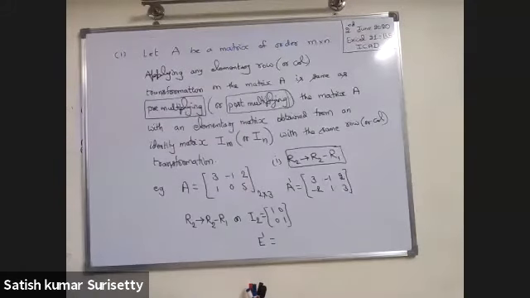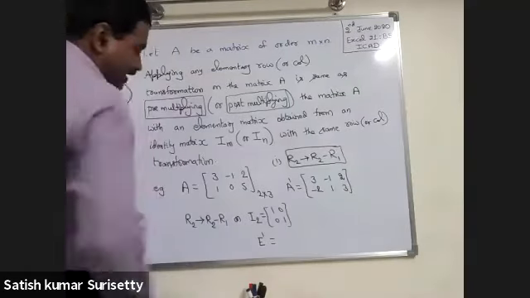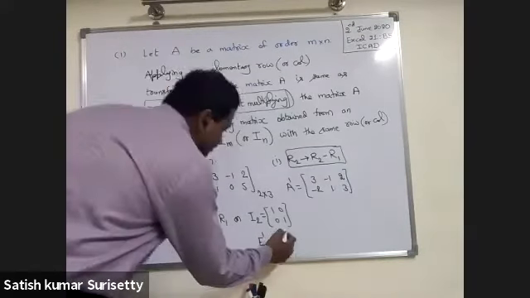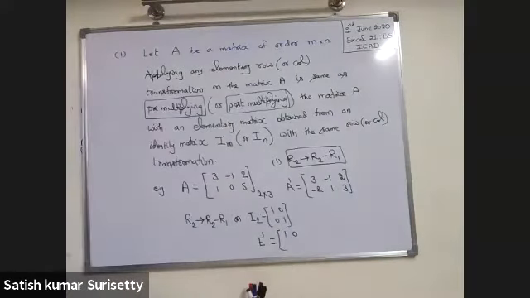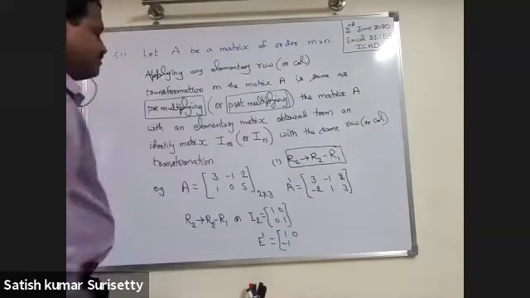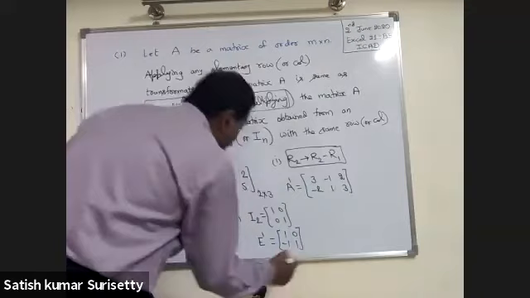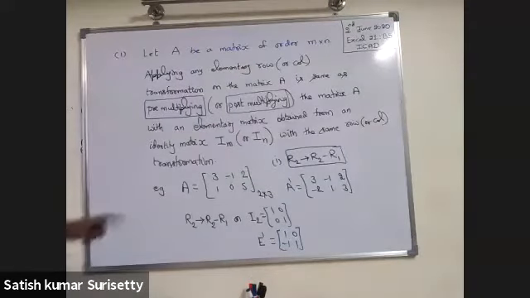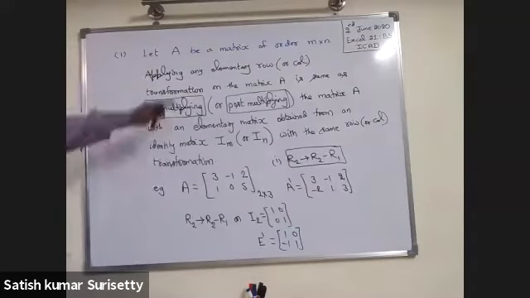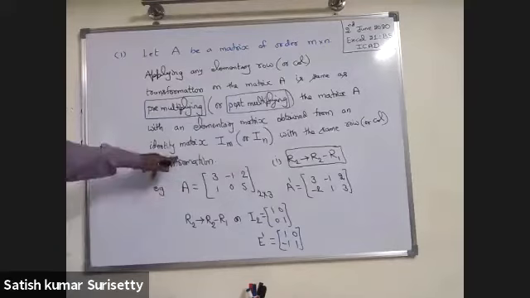Now, what is the elementary matrix obtained? First row will be as it is, 1 0. Now tell me the second row. Elements -1 and 1. Now as per the statement, you have to multiply the matrix A by pre-multiplying with the corresponding elementary matrix.